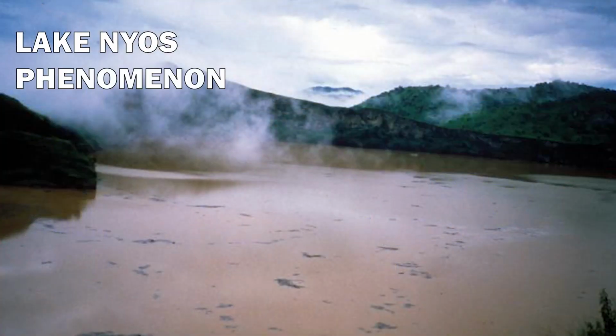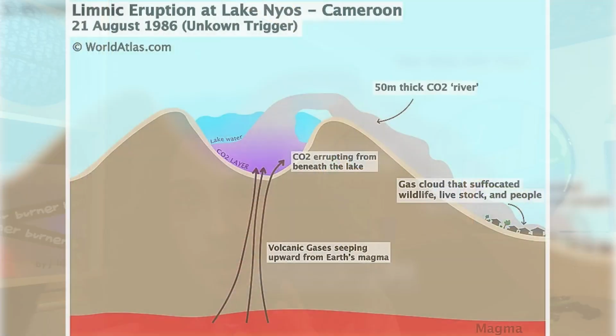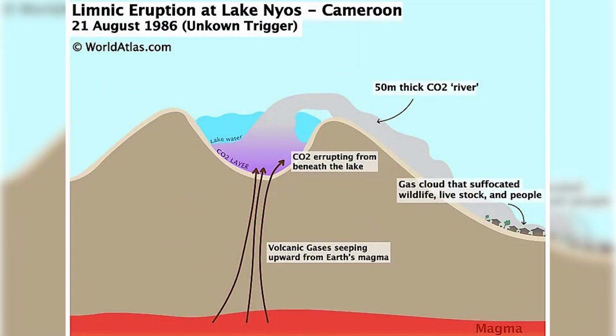So basically, on the 21st of August 1986, a limnic eruption at Lake Nyos in northwestern Cameroon killed 1,746 people and 3,500 livestock. Basically what a limnic eruption or explosion is, it's also known as a lake overturn, and it's a very rare type of natural disaster in which dissolved carbon dioxide suddenly erupts from deep lake waters, forming a gas cloud capable of suffocating wildlife, livestock, and humans.